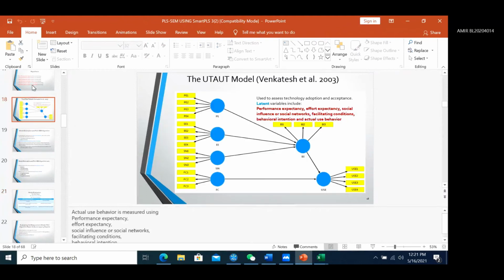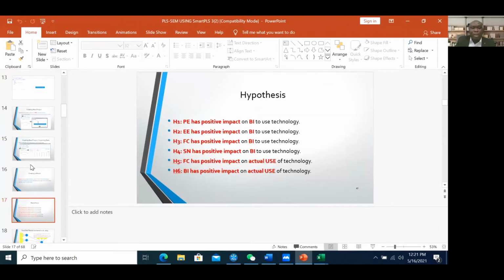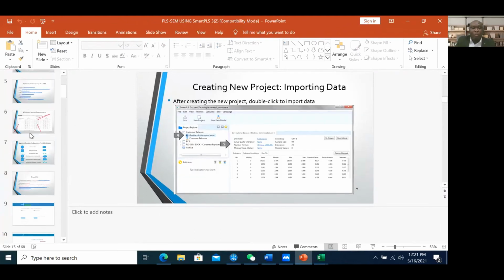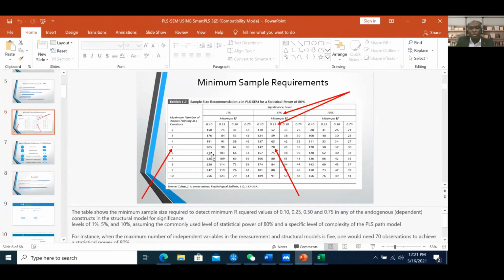Okay, good. So if you look in the PPT, we have a table that guides you on what sample size you should use. Your sample size selection is dependent on the number of latent variables you're going to have in your model. You look at your anticipated R-square values, and that determines what sample you should use.